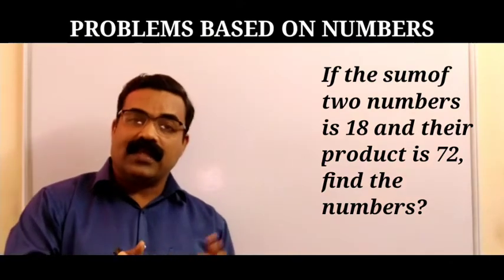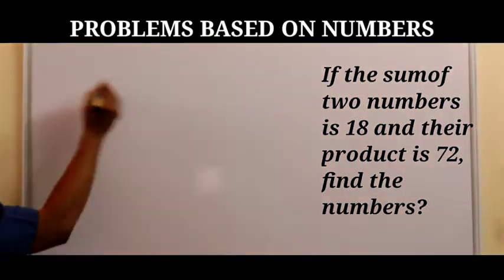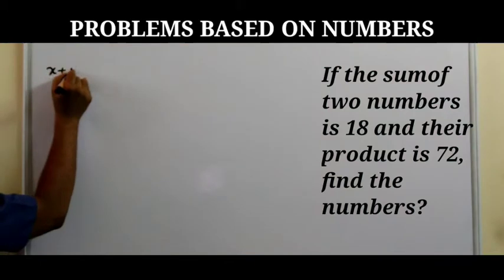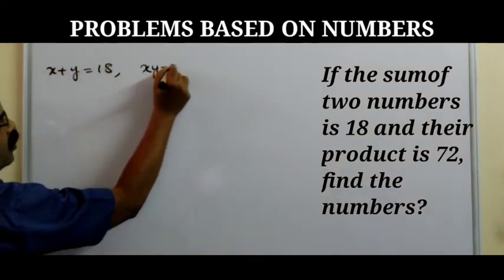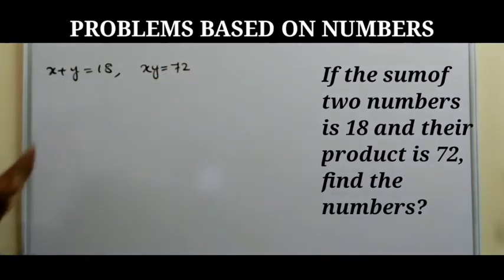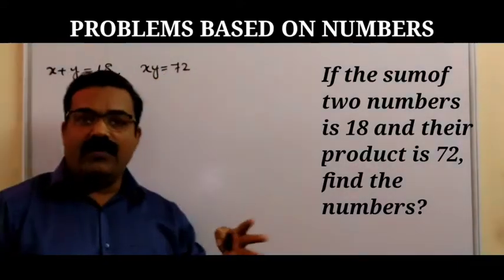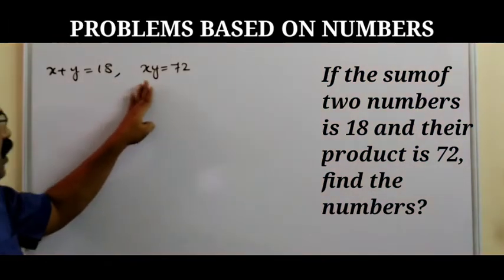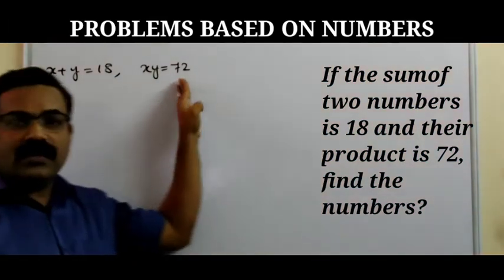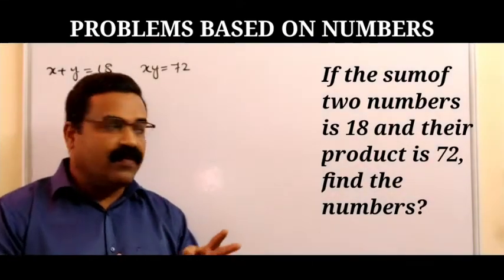Let us take the numbers x and y. According to this question, x plus y is equal to 18 and x multiplied by y is equal to 72. This is the information given in the question.